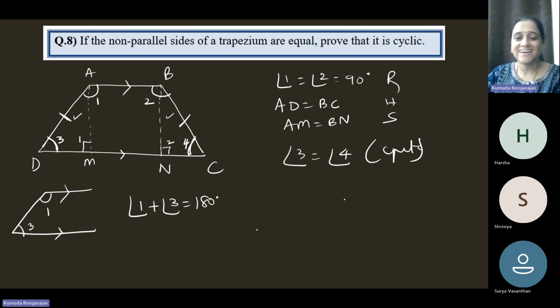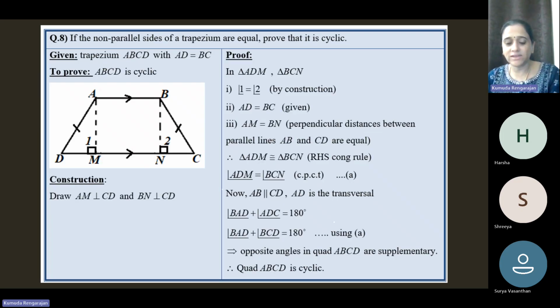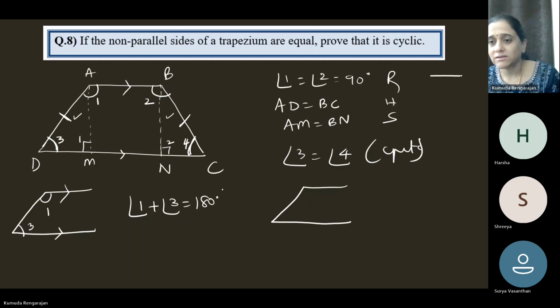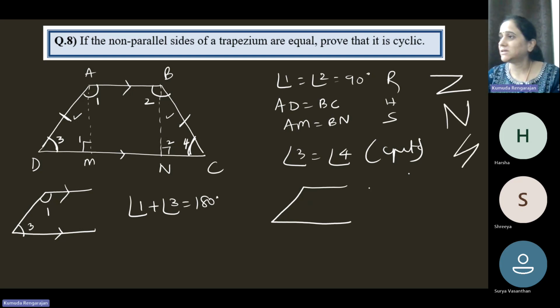Allied angles are always found in the C formation. Corresponding angles in F formation. And alternate angles in Z formation. Like you rotate Z, so not a perfect Z always, it may be like this or it may be like this.